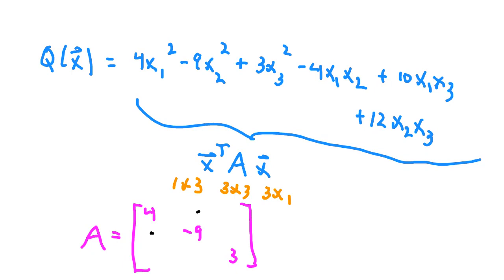Well, this entry is in the first row, second column. So it helps me to think, okay, x1, x2. The coefficient's -4, so we're going to have a -2 here, and we're going to have a -2 here.